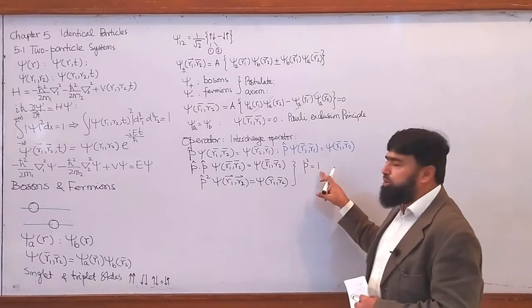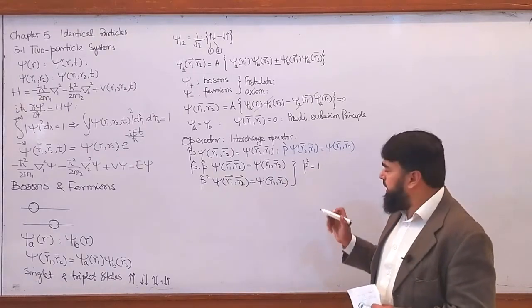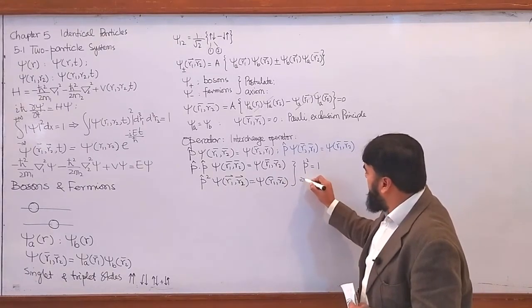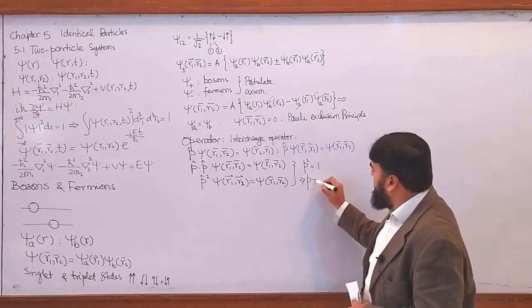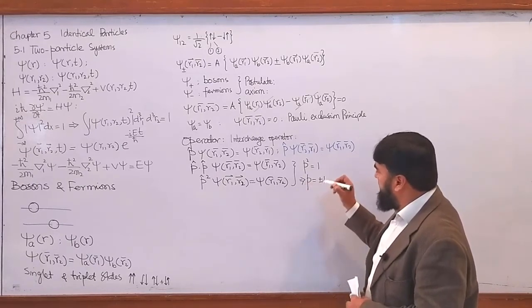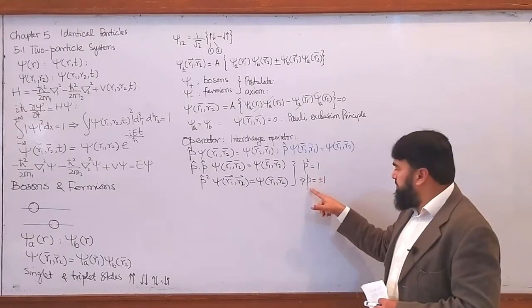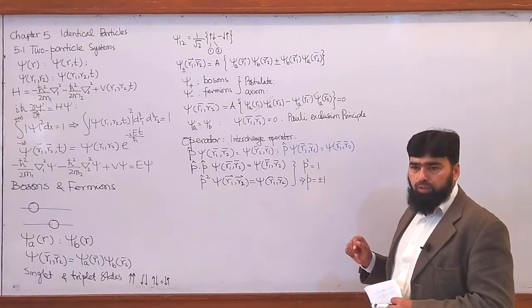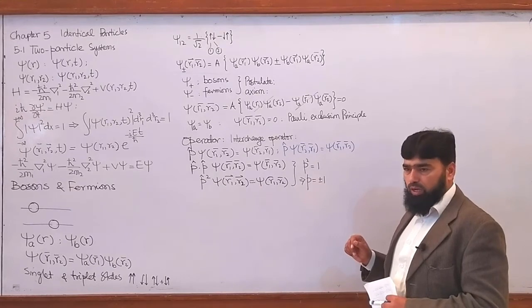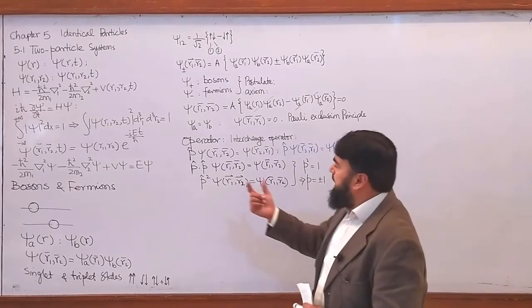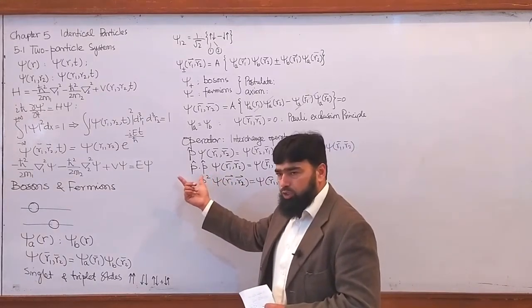So P squared is equal to 1. From here, the eigenvalues of this operator are plus minus 1. When P squared is equal to 1, then P will be equal to plus minus 1. So this is an operator which I call the exchange operator.